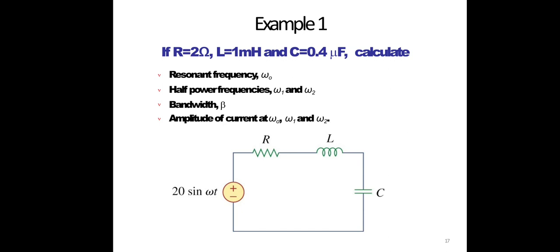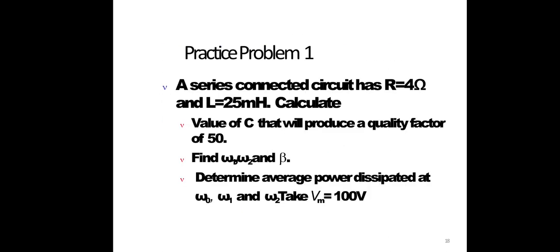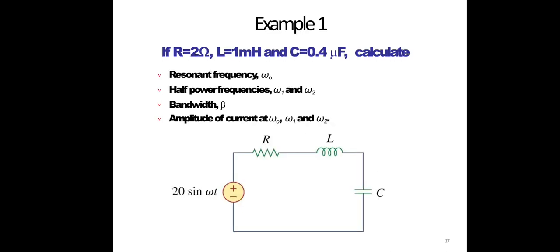Now take R equal to 2. This is an example problem, just to practice. Here you need to calculate the resonant frequency, half power frequencies, bandwidth and the amplitude of the current at omega naught, omega 1, omega 2.